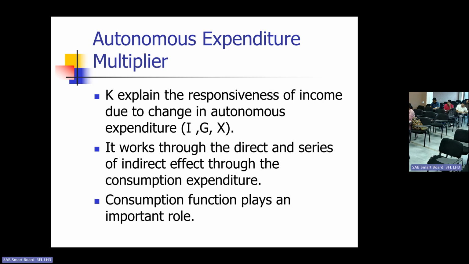And the proportional tax. Now the tax function can be given as T equals T0 plus T1 Y, with the tax rate changing with the change in income. So there is a tax rate now, suppose 20% tax. That is the proportional tax.